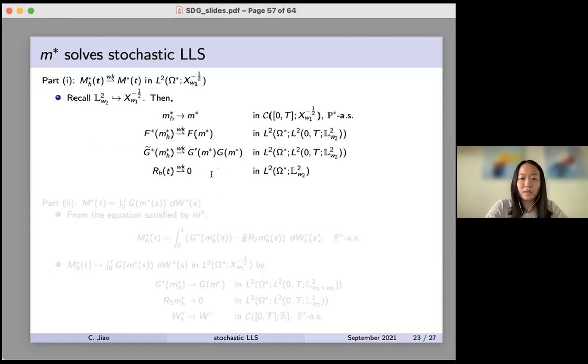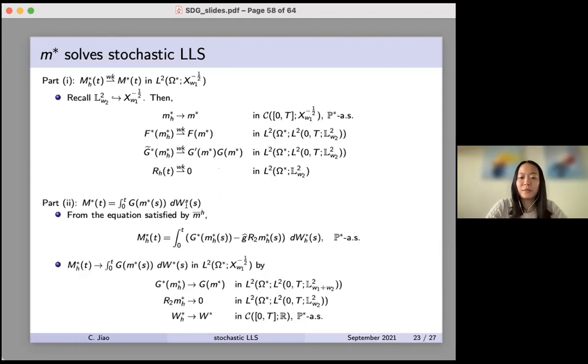For part 2, we first observe that the process capital MH star is equal to this integral here with respect to the approximate process capital WH star. The equation holds here because the same equation is satisfied by the quadratic interpolation. So the result about same laws is actually really useful.